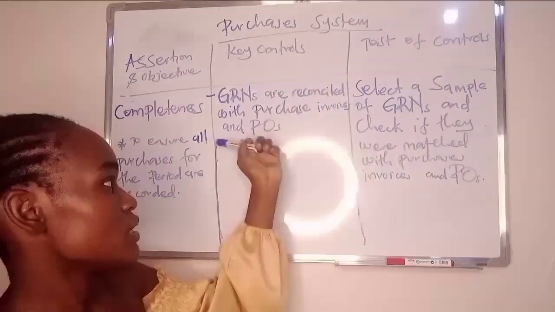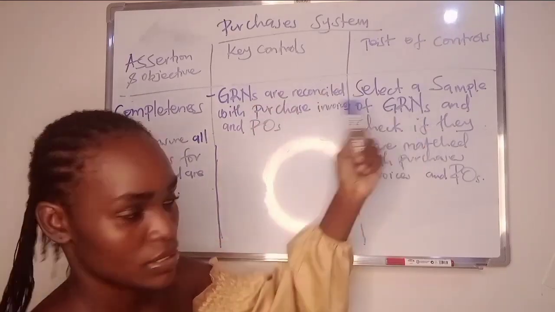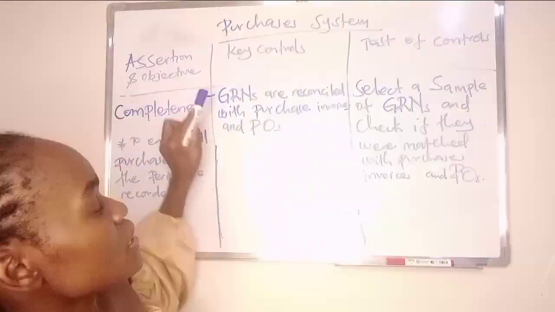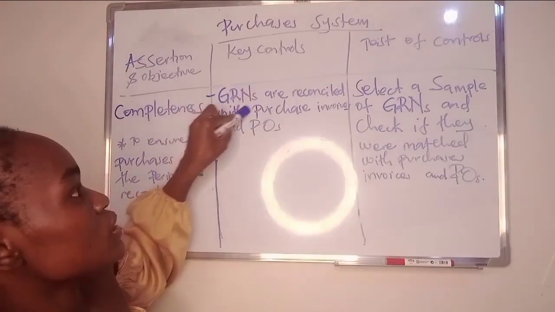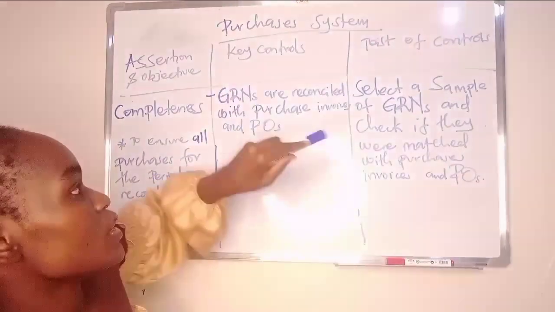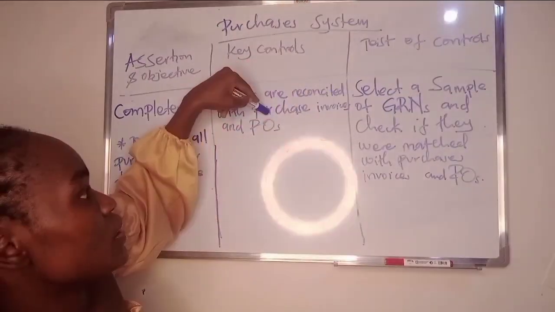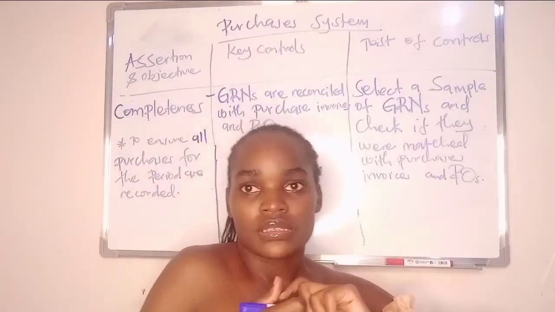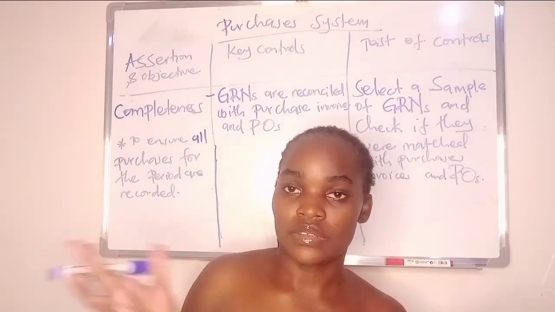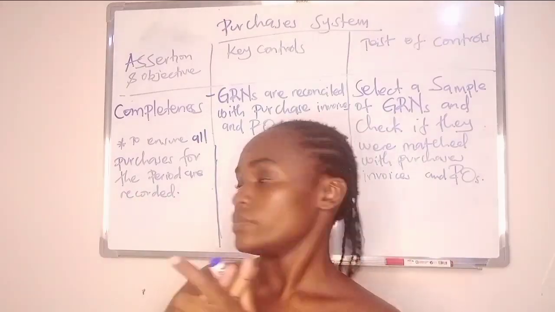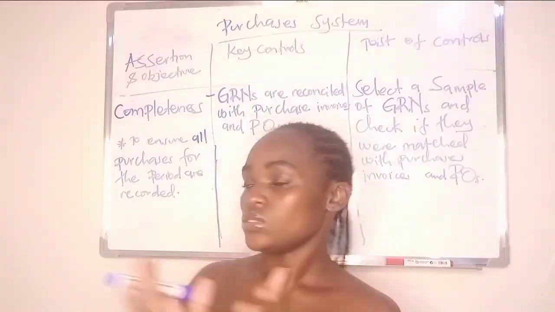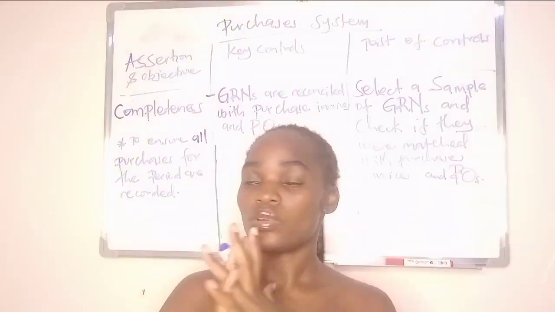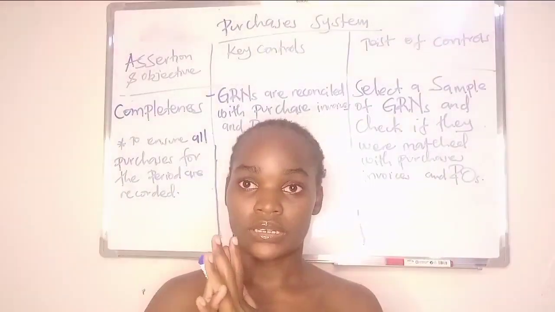You just use this sentence to come up with the test of controls. Select a sample of goods received notes and check if they are matched with the purchase invoices and then purchase orders. So that's how we can achieve this objective, or how we can ensure that all purchases for the period are recorded.